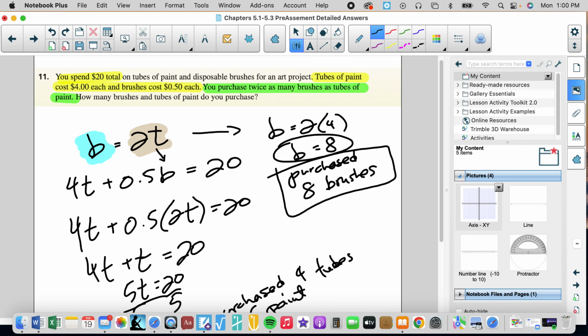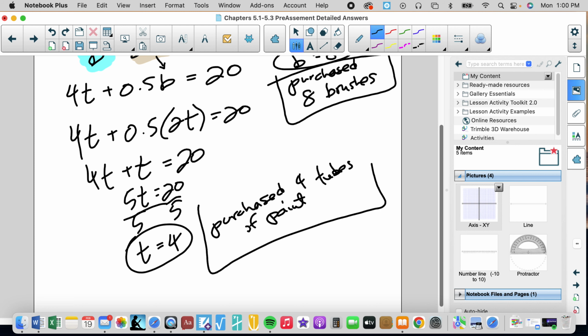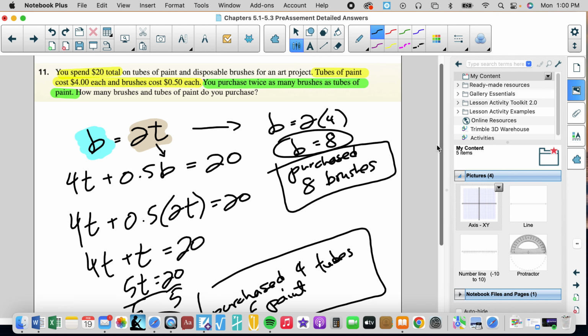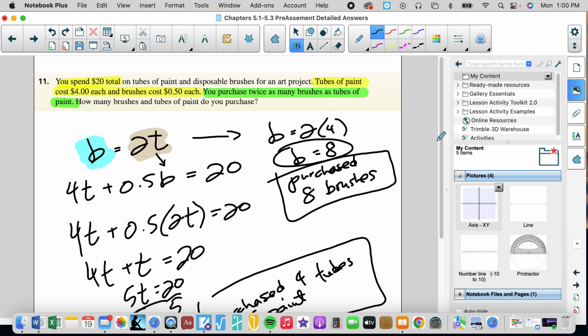So 8 brushes, 4 tubes of paint. I have twice as many brushes as tubes. And if I multiply 8 times 50 cents, that's going to be $4. And if I purchase 4 tubes of paint, 4 times 4 is 16. 16 plus 4 makes $20.